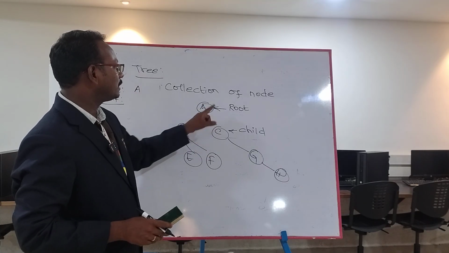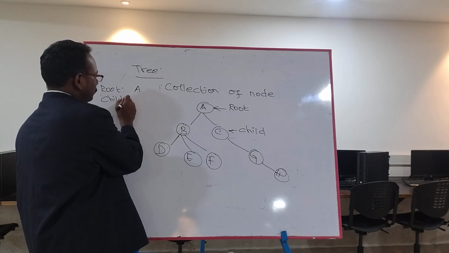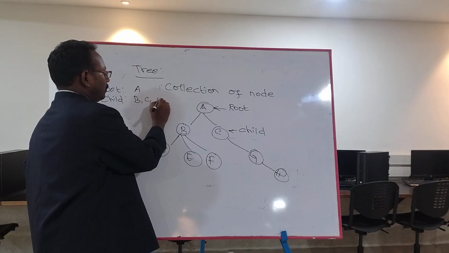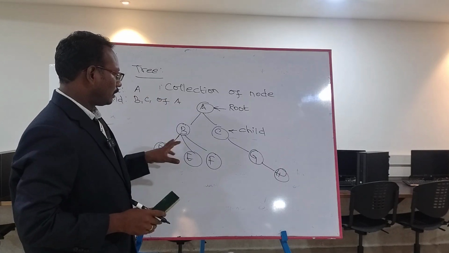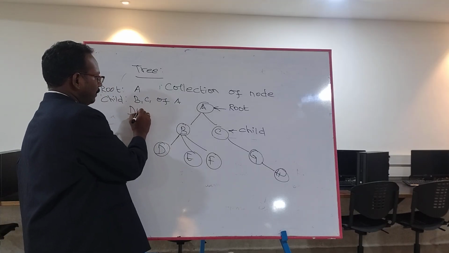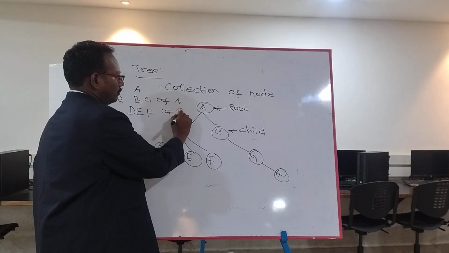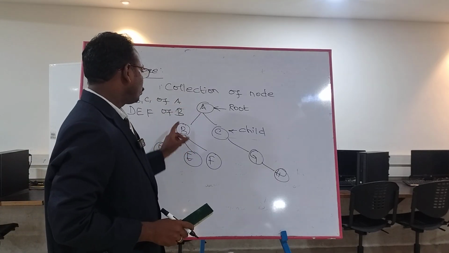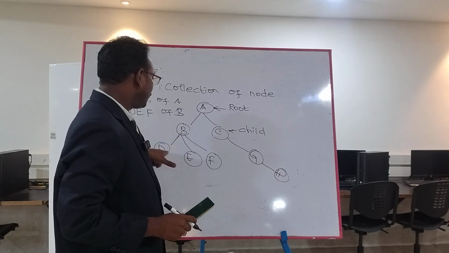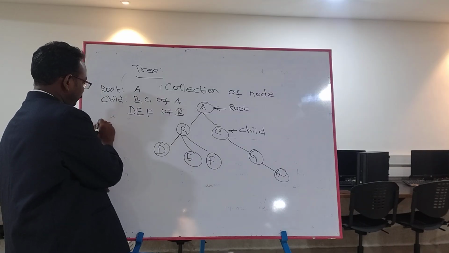B and C are the children of A. Likewise, D, E, F are the children of B. Here B acts as a root node and D, E, F are its children. Next we are going to see about siblings.